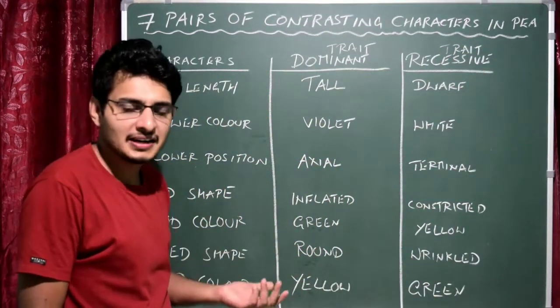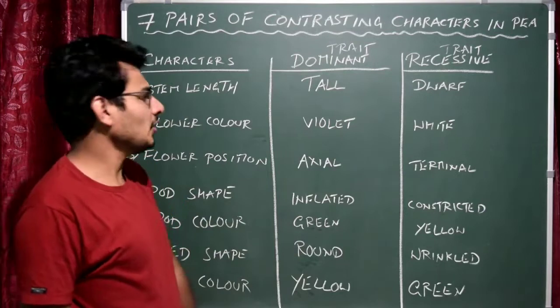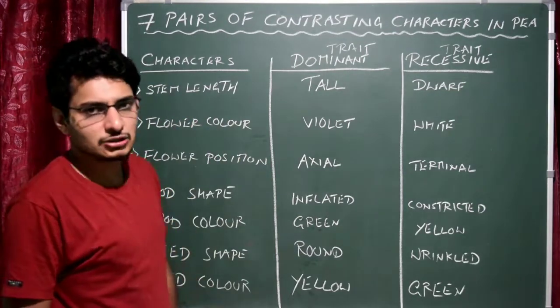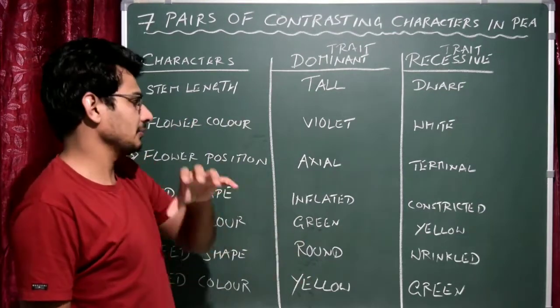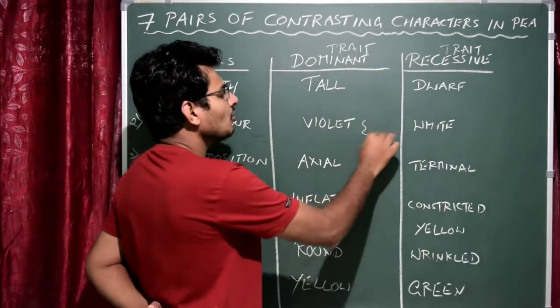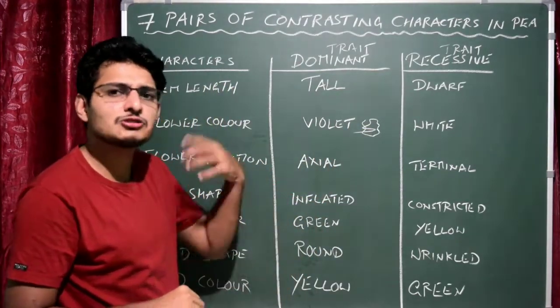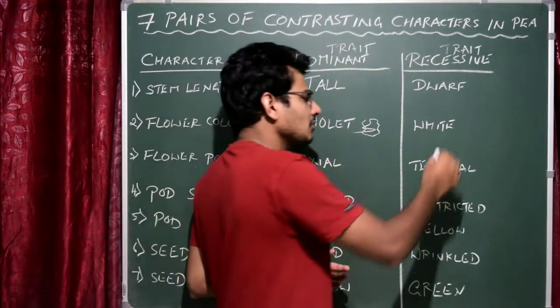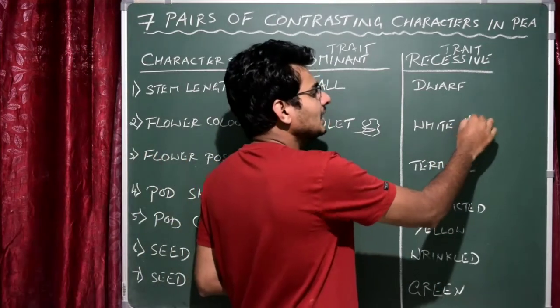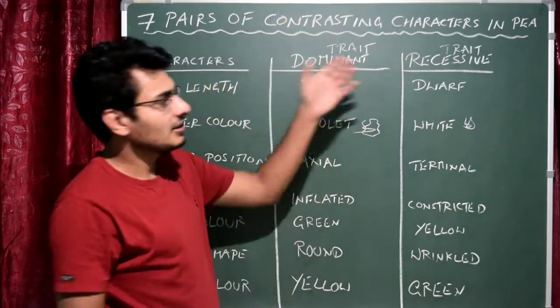One is the dominant trait, the other is the recessive trait. And the flower color: majority of the flowers are violet, so it is dominant, whereas very few flowers are white in color. That is recessive.